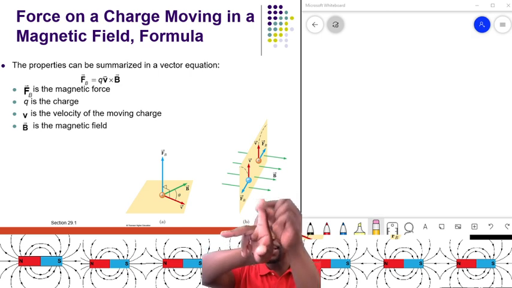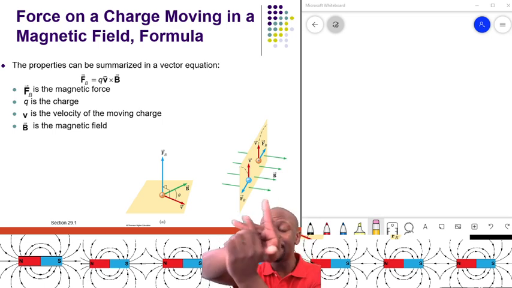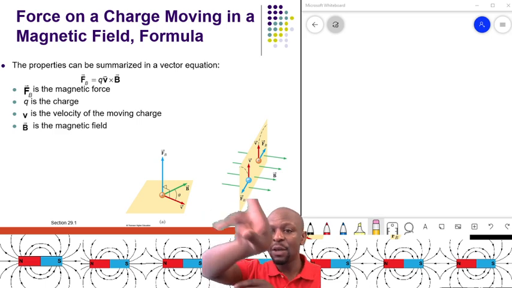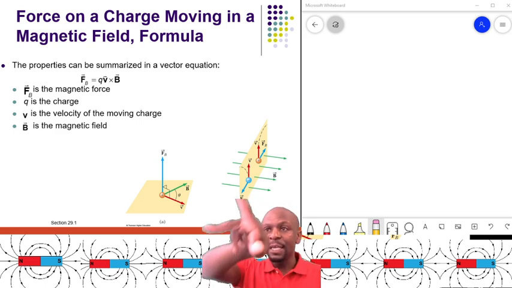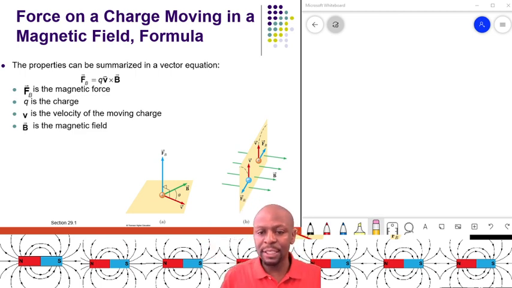Therefore, the magnetic force must be in that direction. Now, when it is a negative charge, the direction will just be reversed, coming this side as you are seeing in this diagram, right?